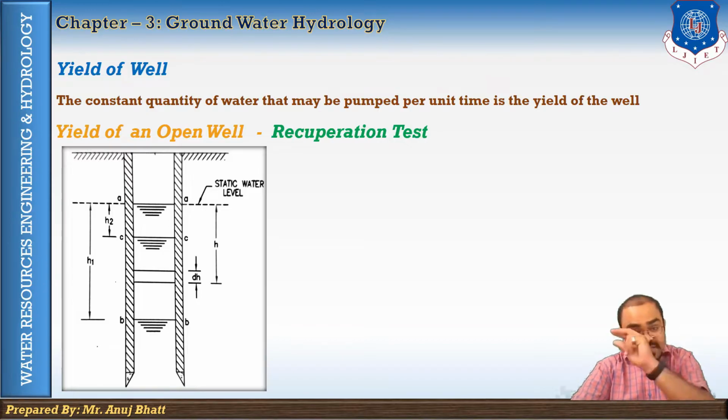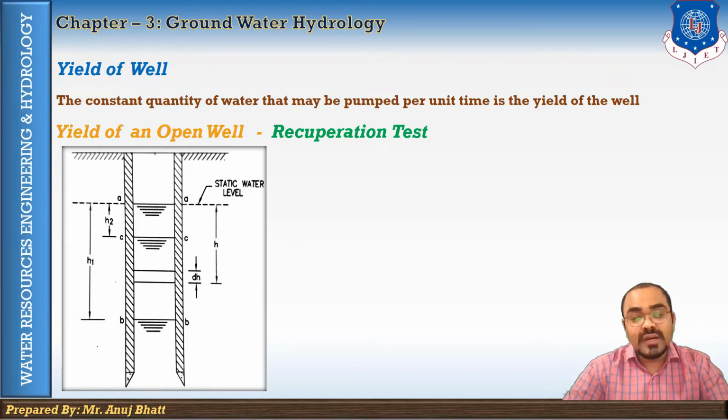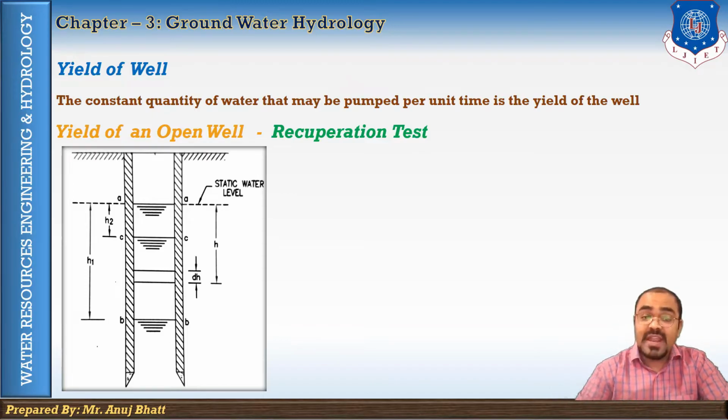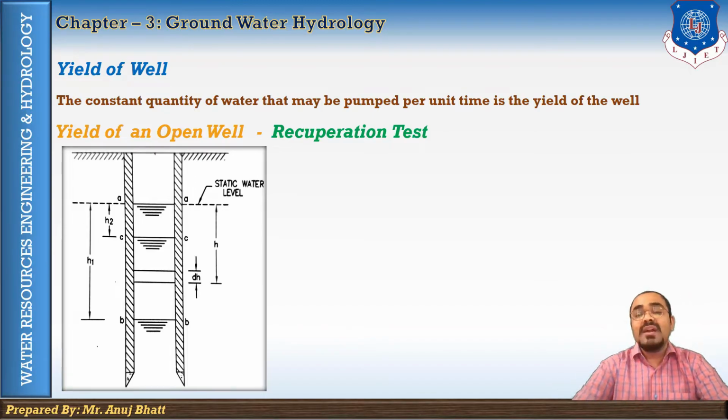So if this particular small strip is taken and integrated, we will get the further values. Thus in the time T after pumping is stopped, the water level in the well recuperated by H1 minus H, and it again recuperated by small dh in the time dt after this stage.